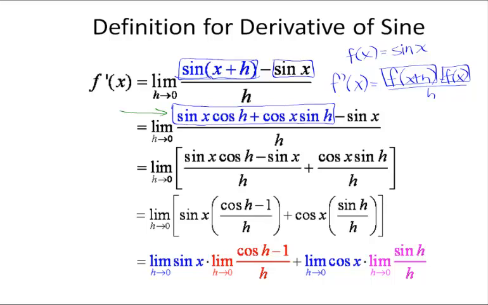But know that this is a trig identity, and all I'm doing is writing the equivalent expression for the sine of the sum of two angle measures. That equivalent identity is the sine of the first angle measure times the cosine of the second angle measure, there's x, there's h, plus the cosine of the first angle measure times the sine of the second angle measure.